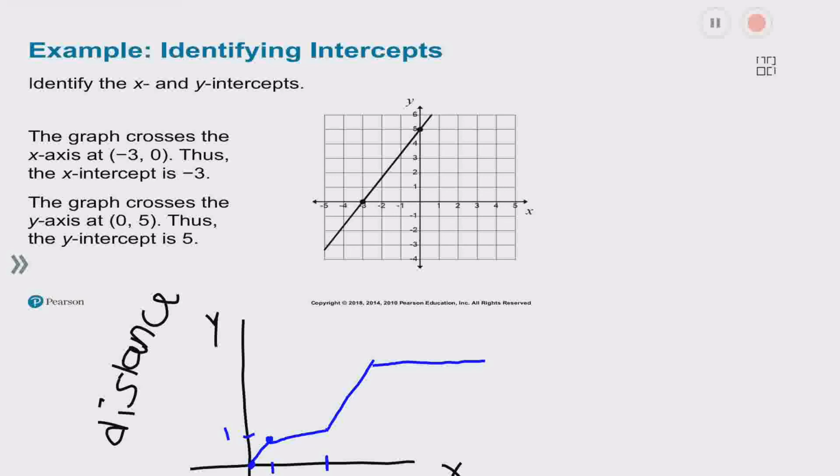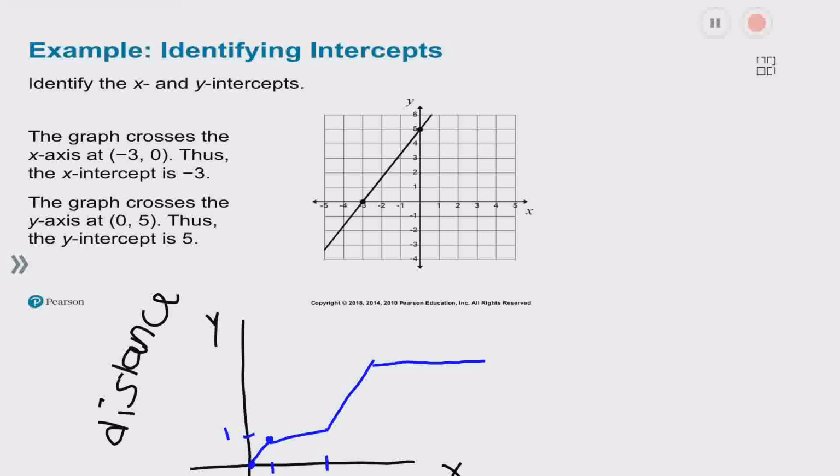There is one other thing that is on your assignment. It's talking about motion graphs. Motion graphs is like if I have an x and y axis where x is time and y is, let's say, the distance of something.